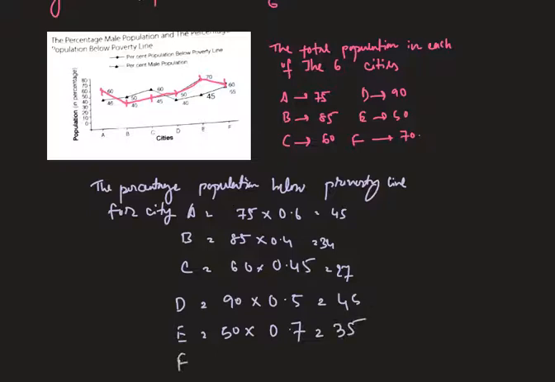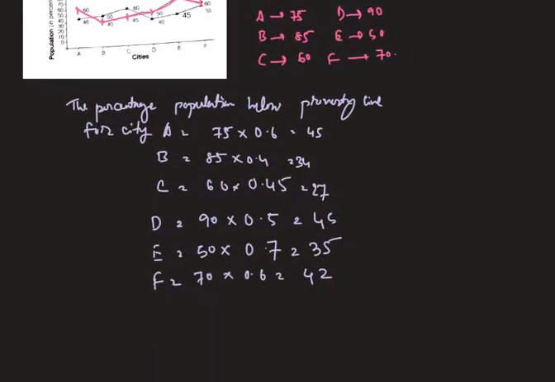And lastly for F, it is 70 multiplied by 0.6, which results in 42. Therefore, the total population below poverty line is nothing but adding all these numbers, and we get 228.